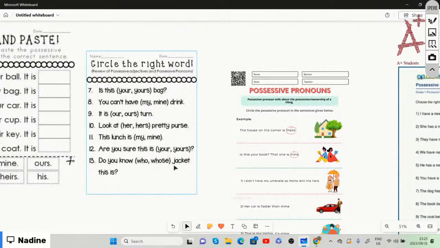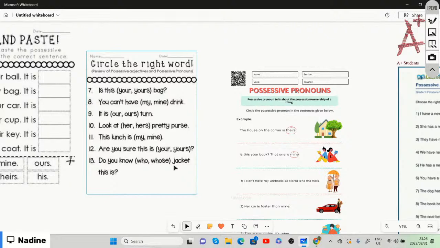All right. So here are a few activities on possessive pronouns again. Should we say, is it your bag, or is this yours bag? Your bag or yours bag?